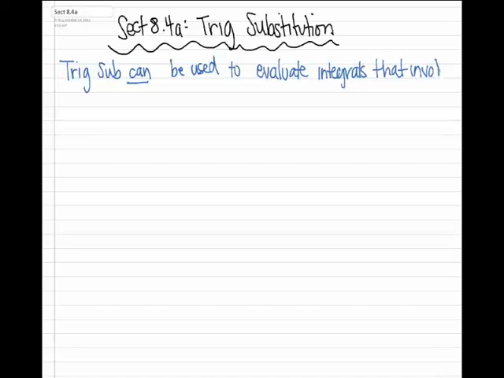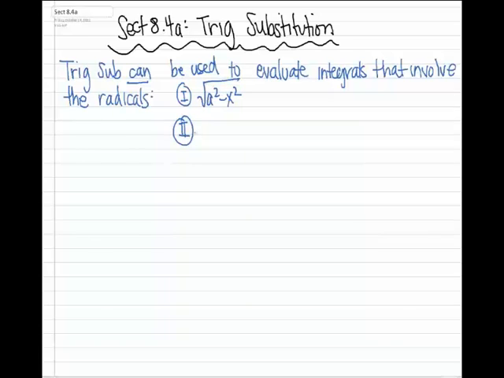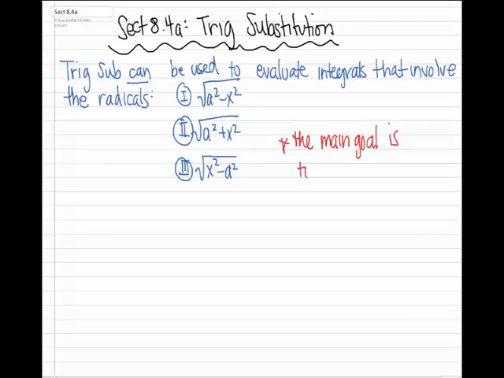And they will be ones that involve usually some radicals or rational exponents, such as square root of a squared minus x squared, square root of a squared plus x squared, and the third type is square root of x squared minus a squared. Okay, so now I put radicals over these, but it could be to the 2/3 power or to the -1/2 power or so on. The main goal of doing trig sub is to eliminate the radical.